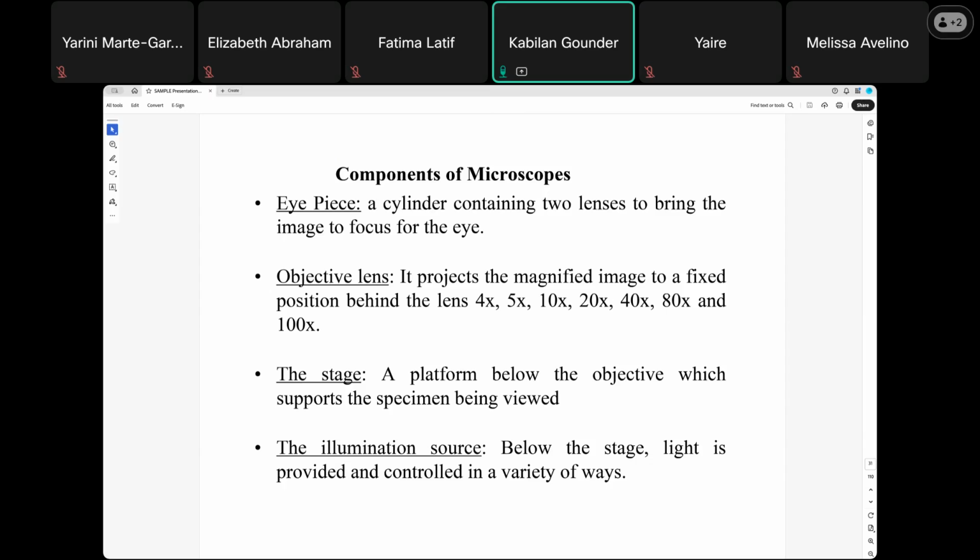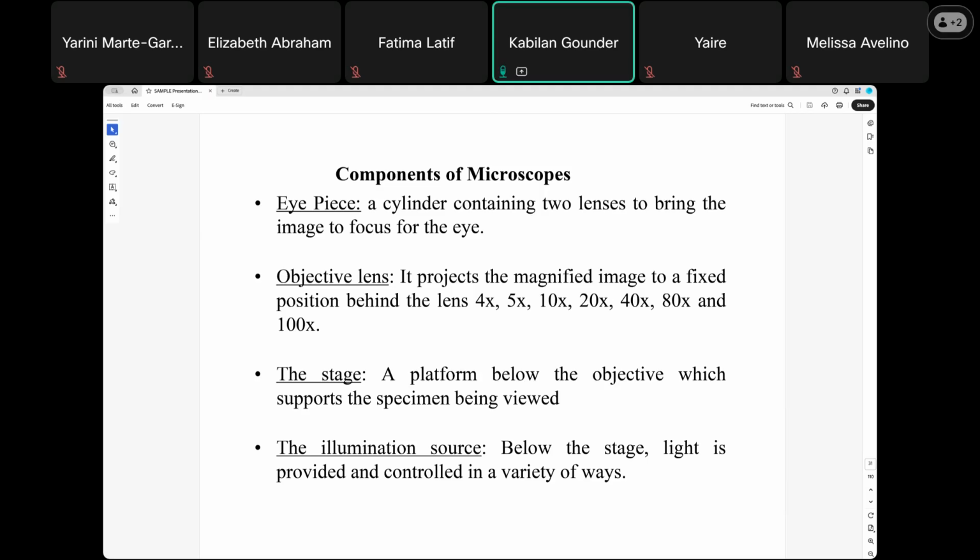Every time you observe with different people, the eyesight is different. The focus and the objective lens, that is the magnification, are the same. But when different people look through the eyepiece, the image will be blurred for one person and clear for another, because it is based on their eyesight.